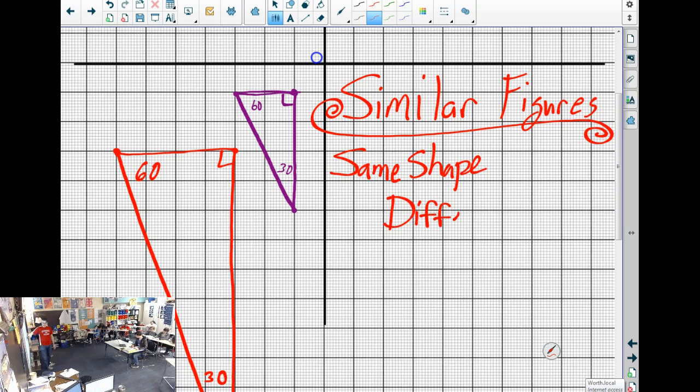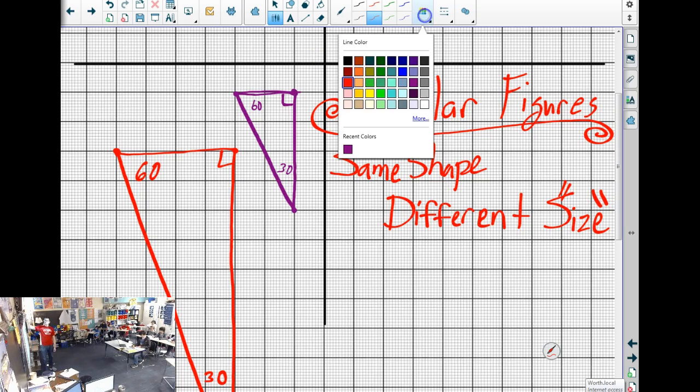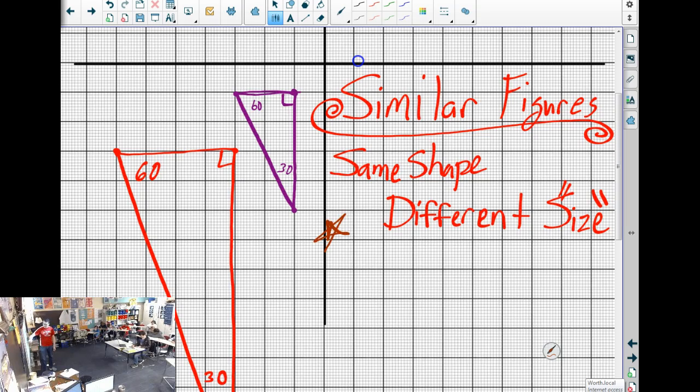Different size. Now put size in quotations. And the reason we're going to put size in quotations is a big critical note about similar figures.